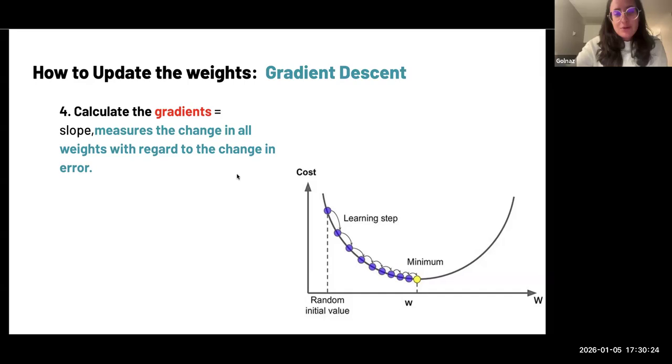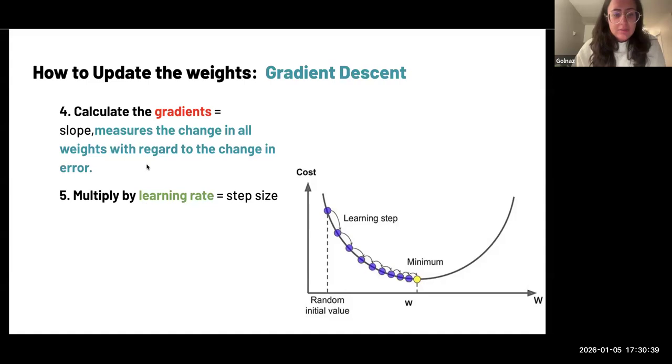It can tell you how you should change your weight so that your error, loss or cost is less. And then once you know how to change your weights, you have to decide how fast or how big you want to change those weights. And we call that the learning rate, which decides how fast you want to make changes to your weights. So here is a visualization of how that process might work.